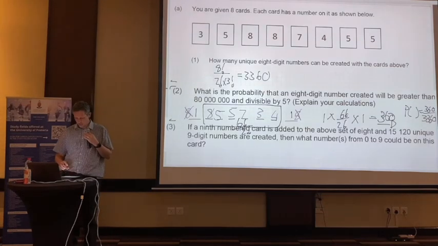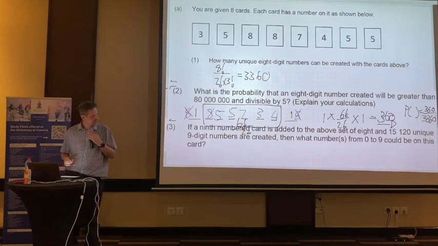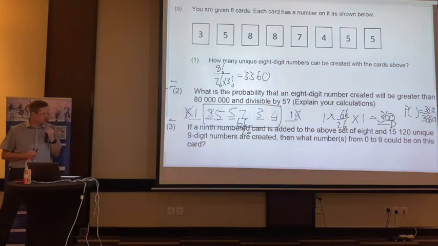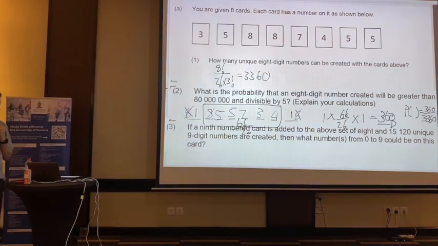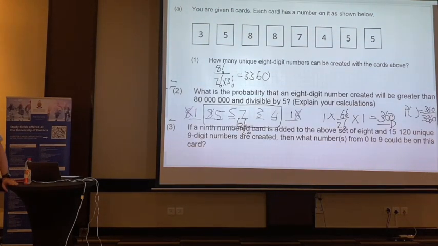Now we get to the next question. If a 9th numbered card is added to the above set of 8. Now we're starting to have fun. I love these questions. And your end answer is there are 15,120 unique 9-digit numbers.